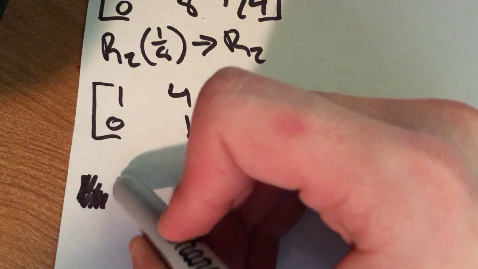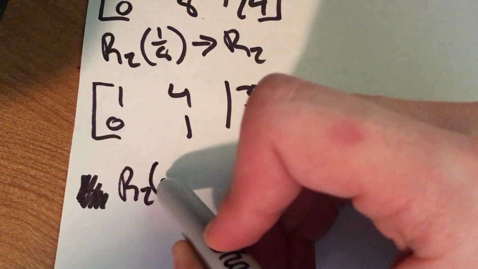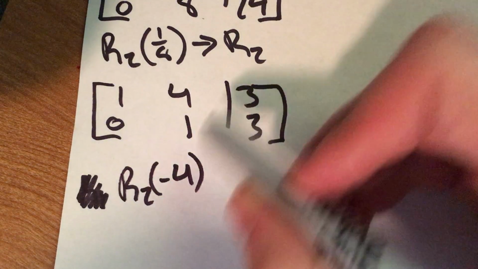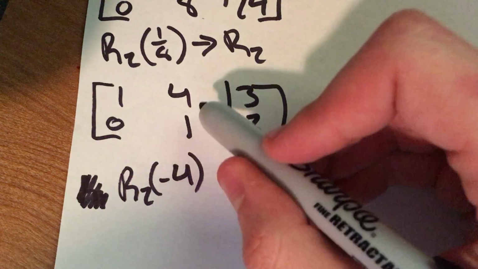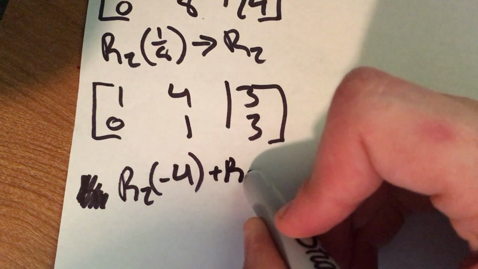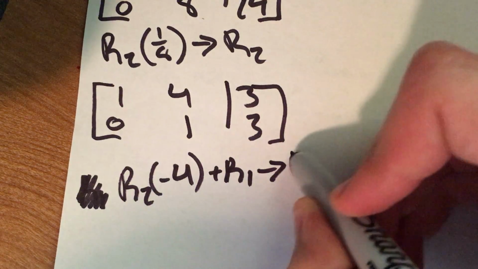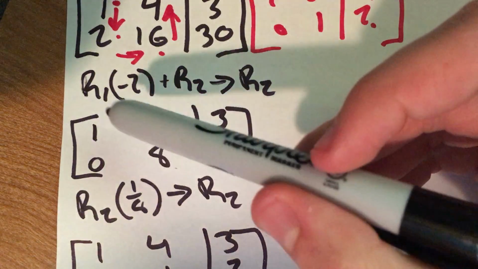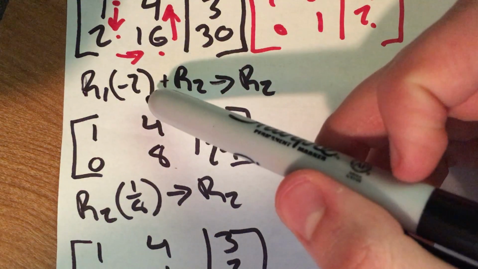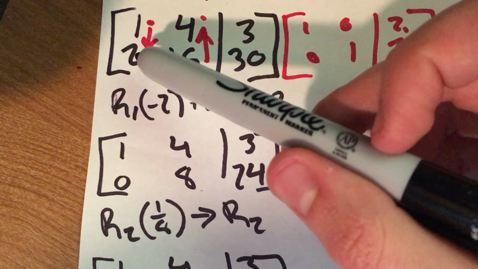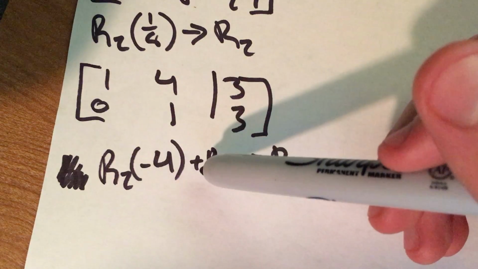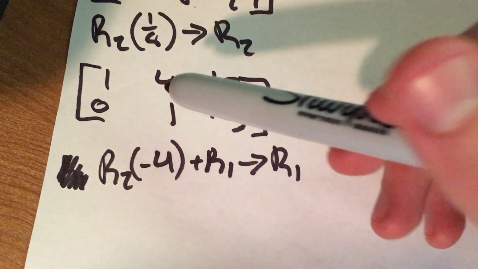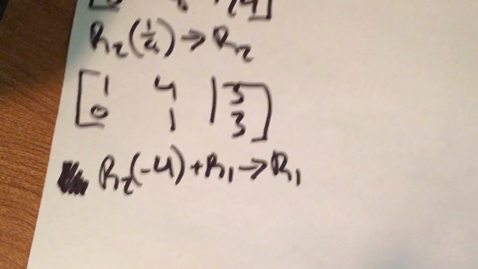We're going to take row 2, multiply it by negative 4, and then add it to row 1, store it in row 1. So that looks very similar to this one here. Row 1 times negative 2 got the 2 to be 0. So we're doing row 2 times negative 4 and adding it to row 1 to get this 4 to be 0.